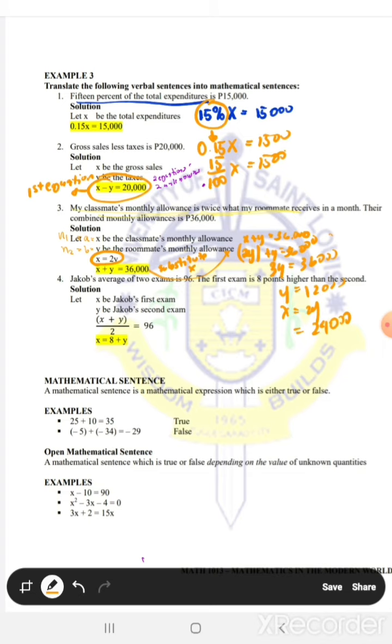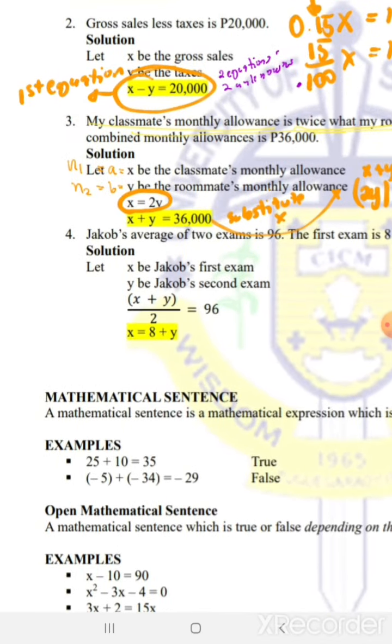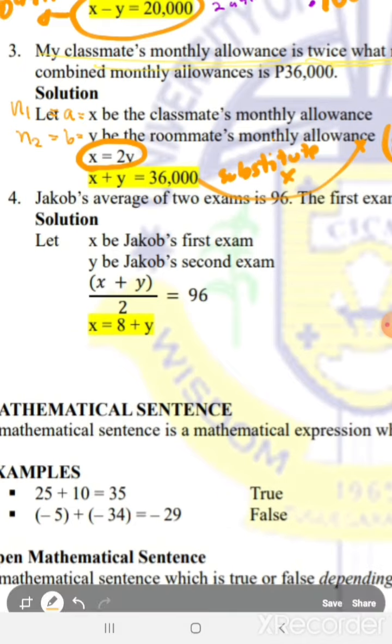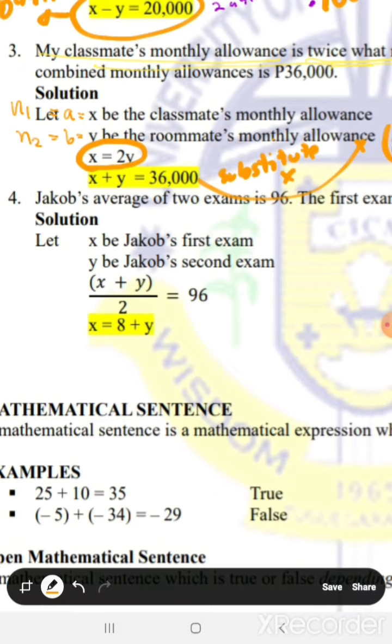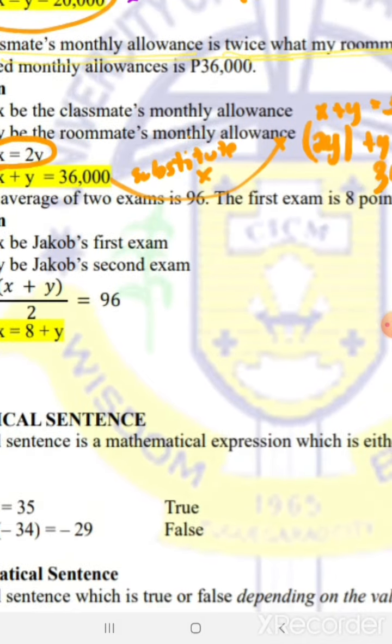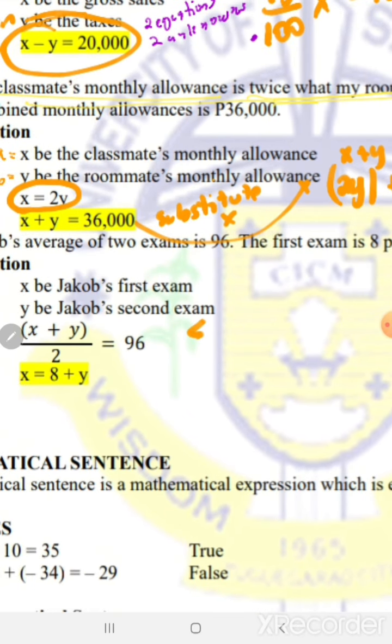Jacob's average of 2 exams is 96. The first exam is 8 points higher than the second. So, in this example, you can see that two equations are also defining each other. We have the average. Take note that the average is equal to the sum of the terms divided by the number of terms.